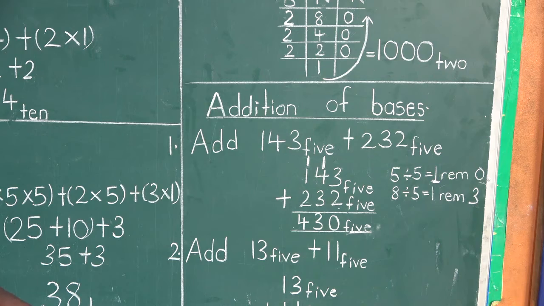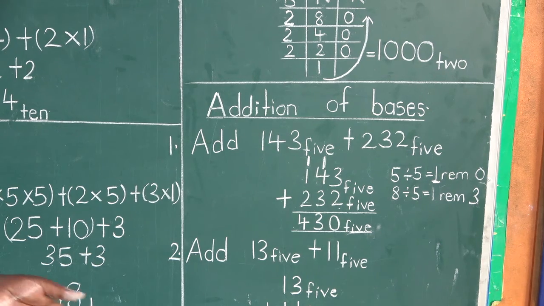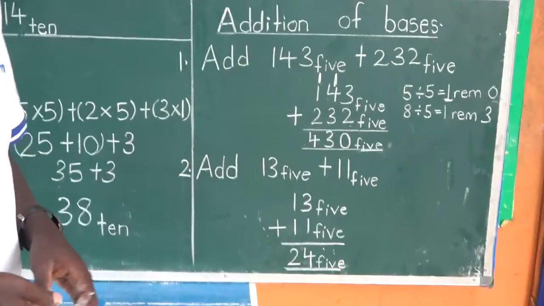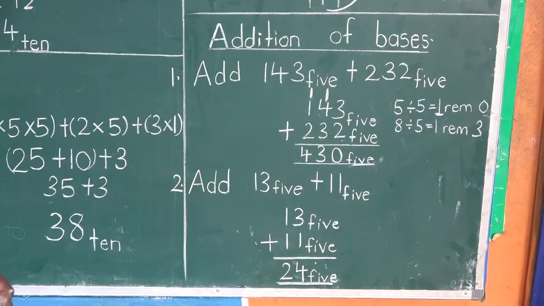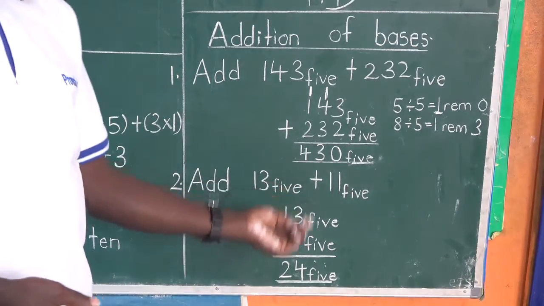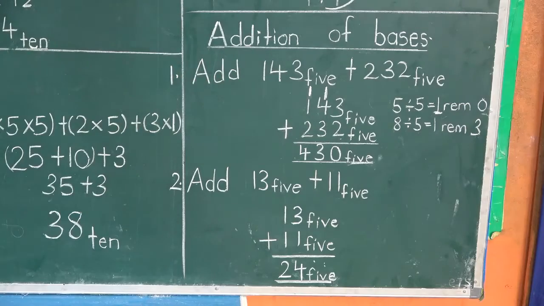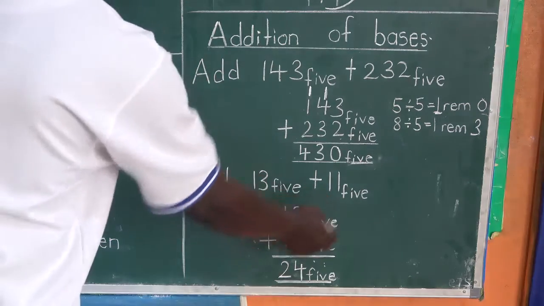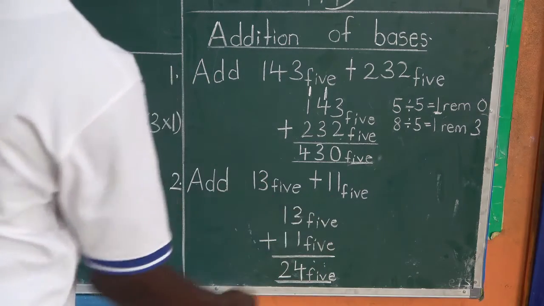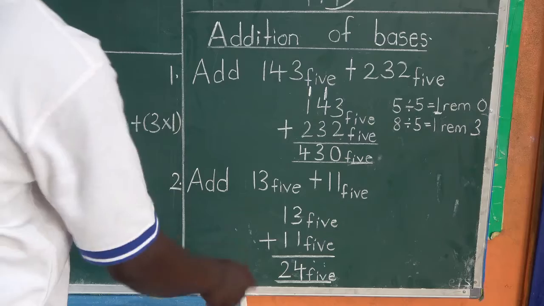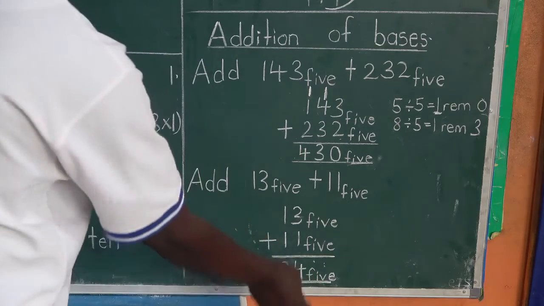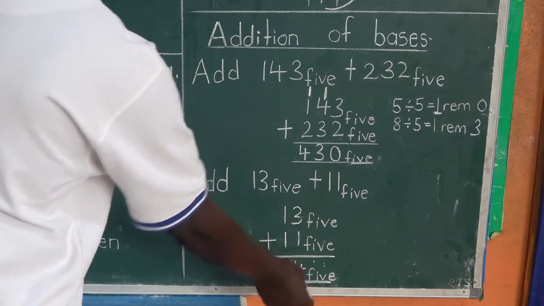So doing, we have reached perfection. Then the last example about addition tells you to add 13 base 5 and 11 base 5. Do the same. We write 13 base 5 plus 11 base 5 in the vertical way, and then write the base here, base 5, where 3 plus 1 is 4, which is allowed.